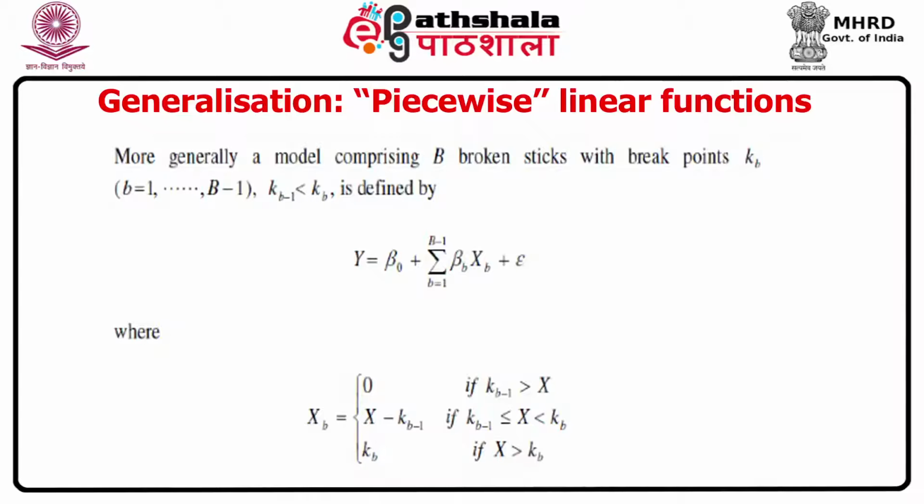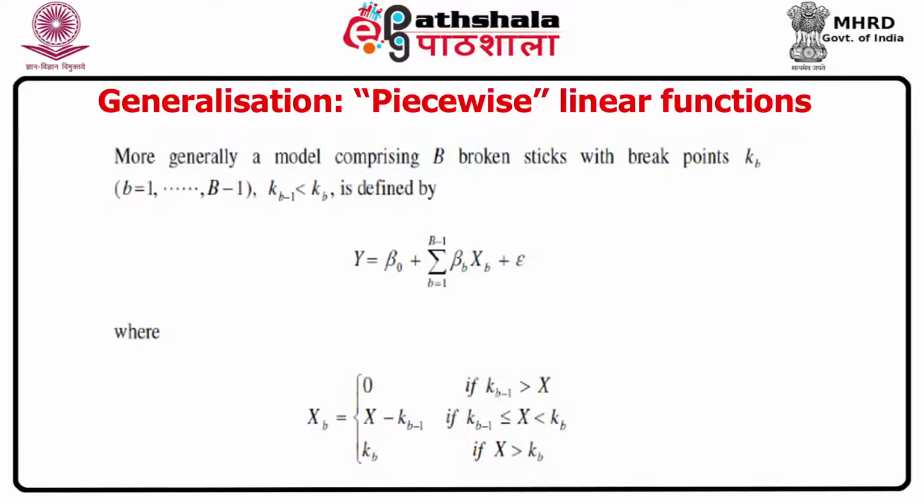Now again, it is possible to fit this model using a linear model, and it is a good exercise for you to check that if we define transformed covariates xb, where xb is 0 if k(b-1) is greater than x, equal to x minus k(b-1) if k(b-1) is less than or equal to x is less than kb, and equal to kb if x is greater than kb, then fitting the regression of y on x1, x2 to xb will indeed result in a piecewise linear model.